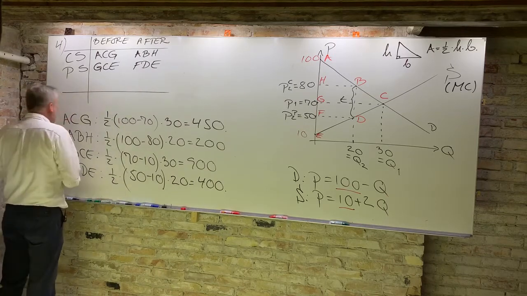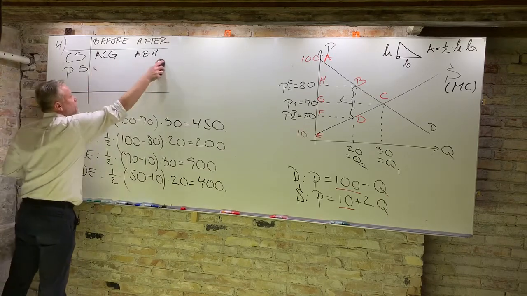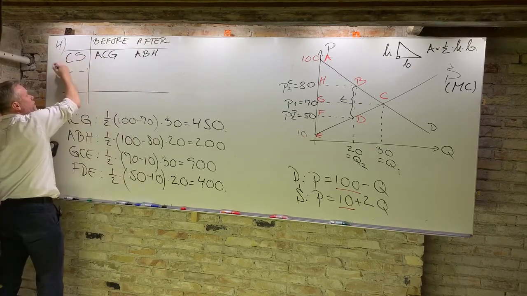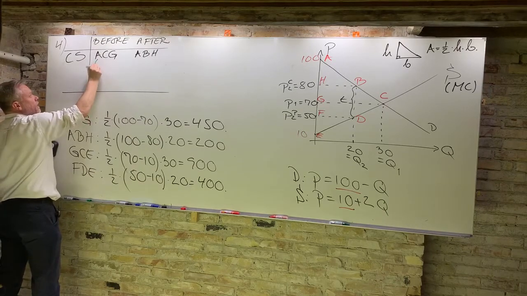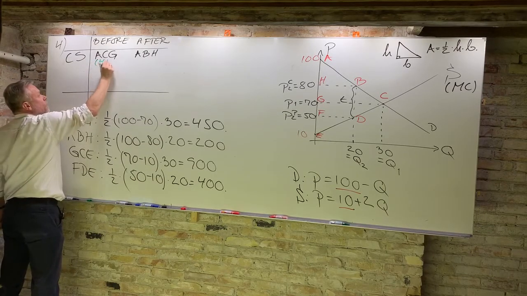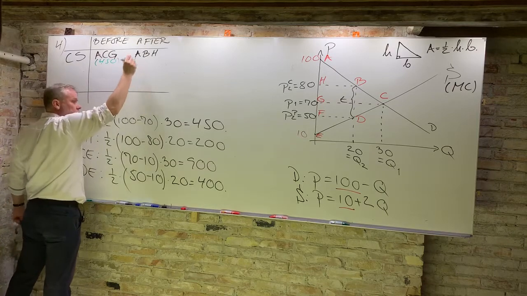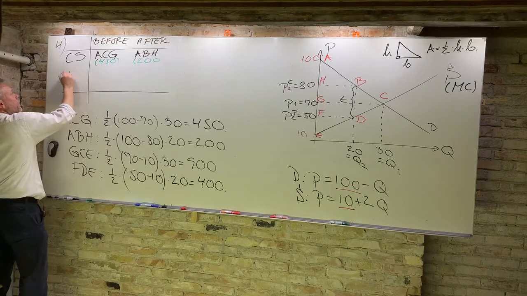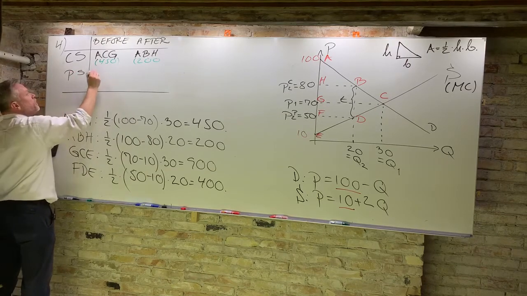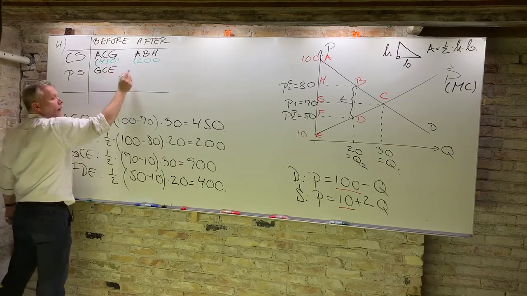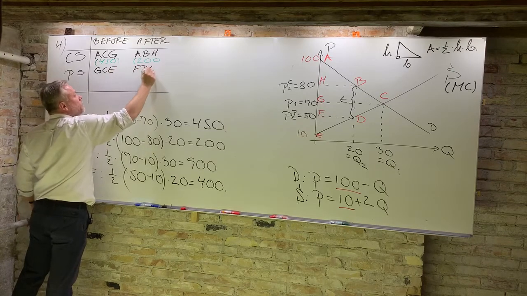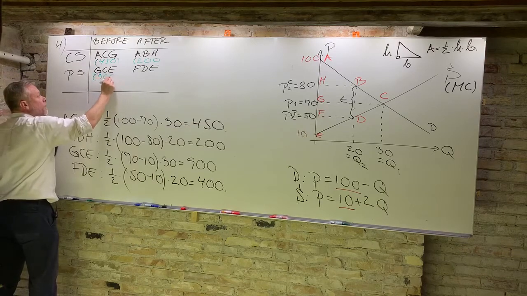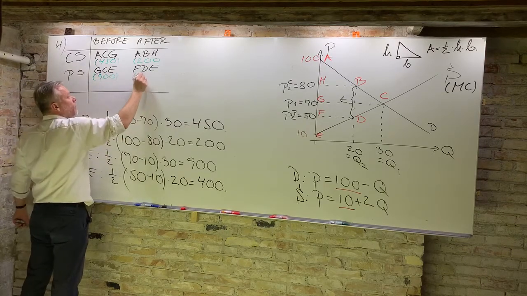And I think I will slightly change my table up here, writing in a parenthesis underneath for later use that this is equal to 450. This is equal to 200. And then the producer surplus here, which was GCE and FDE, they are equal to 900 and 400.